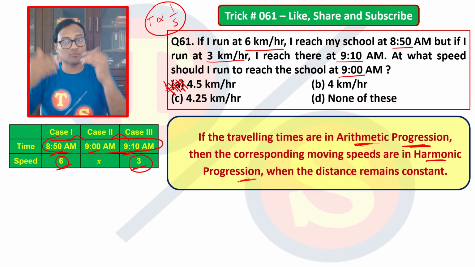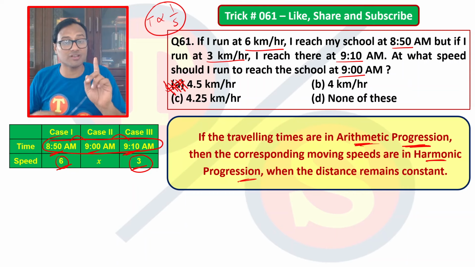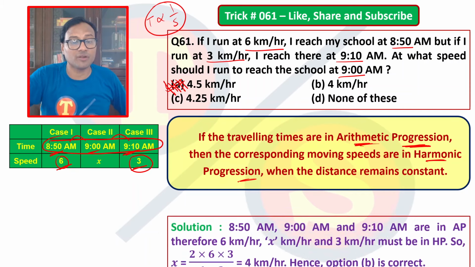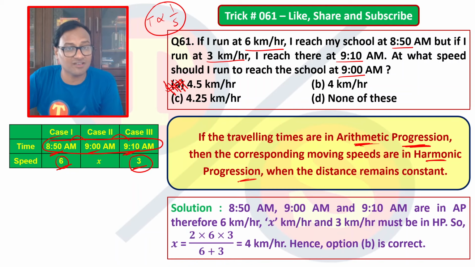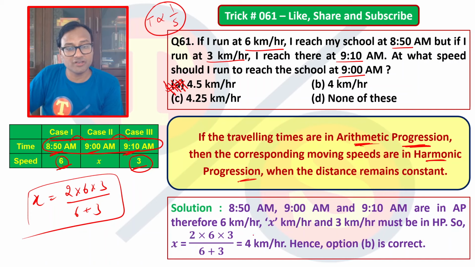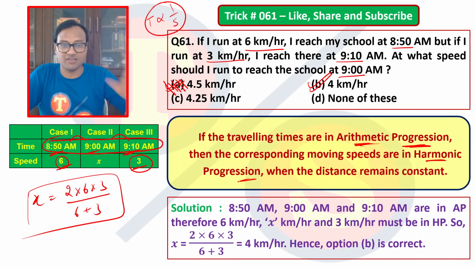We know that reciprocals of an arithmetic progression form a harmonic progression. So definitely here we have to apply the formula of harmonic mean. So x is equal to the harmonic mean of these two values: 2 into 6 into 3 divided by 6 plus 3. Calculate it, and 4 km per hour will be the correct answer, right? Are you getting my point? Okay, that is very good.